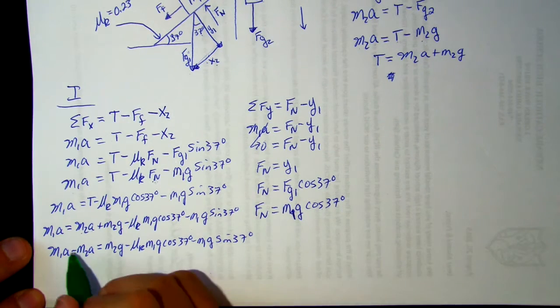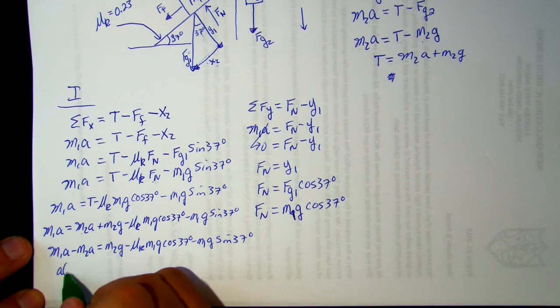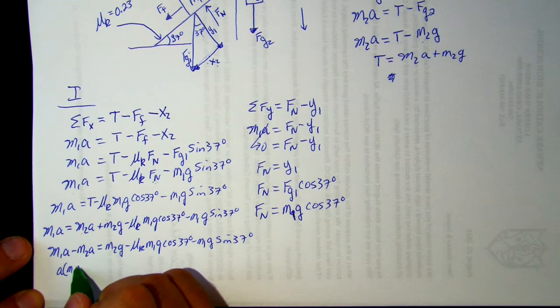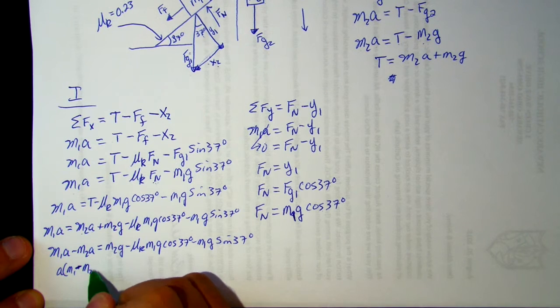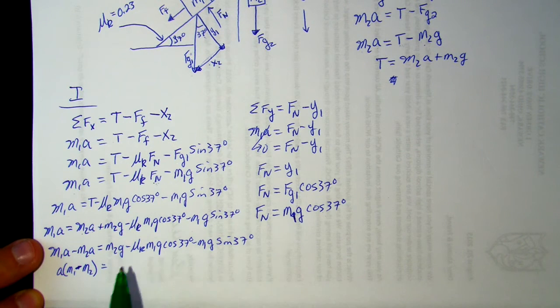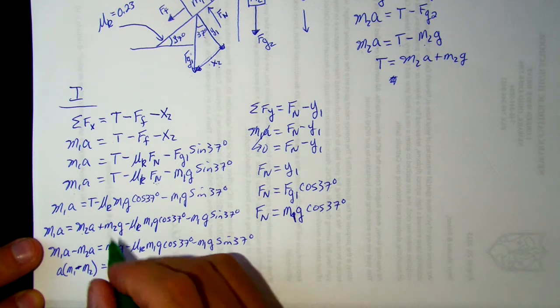Okay. Now, there's an a in both of these, so I'm going to factor that out. That's why we moved m2a over. Now, if we look at this, on this side, we have a g here, a g here, and a g here. So I can factor out the g.